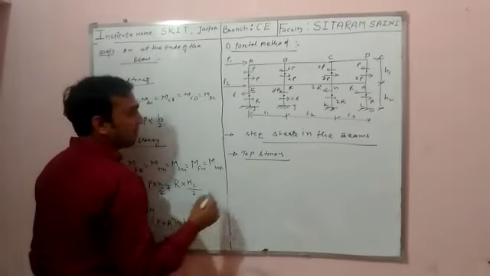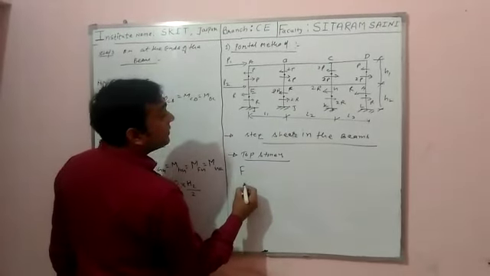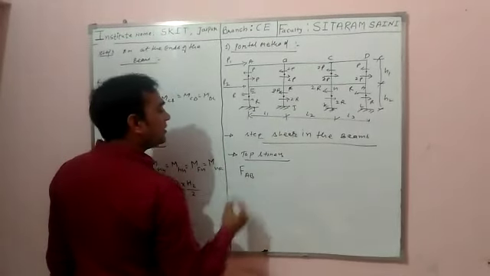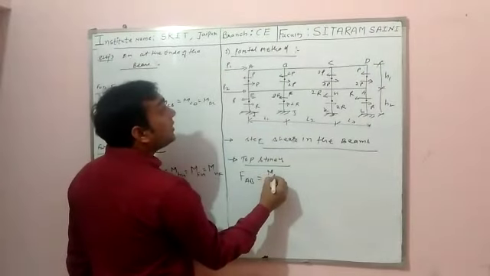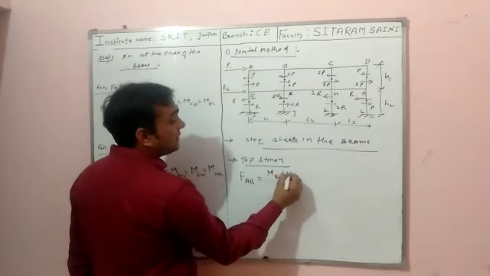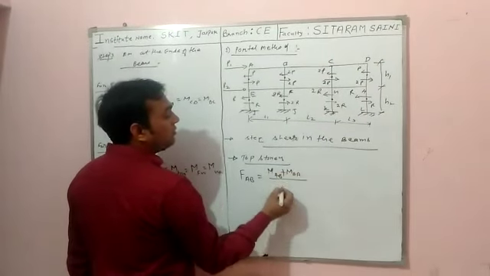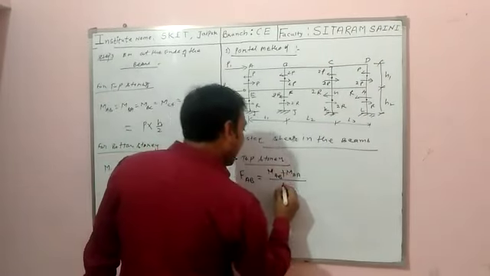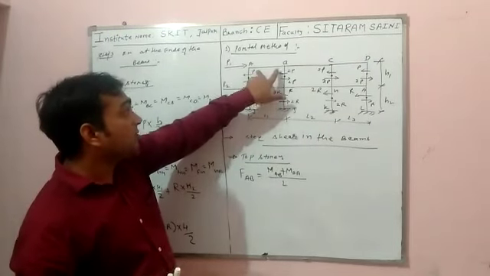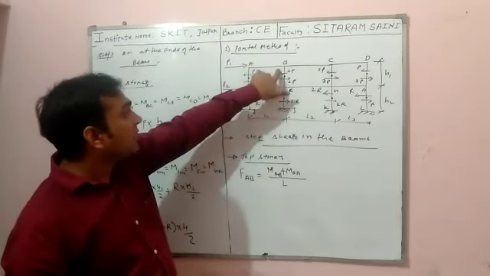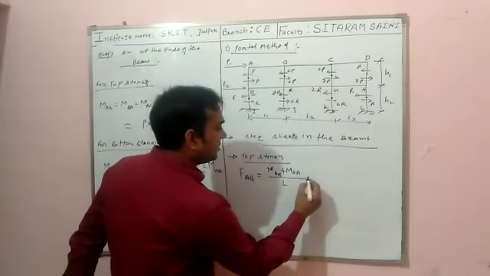For the top story, FAB is equal to (MAB plus MBA) upon L1, meaning the sum of the moments at the ends of the beam divided by the length of the member.